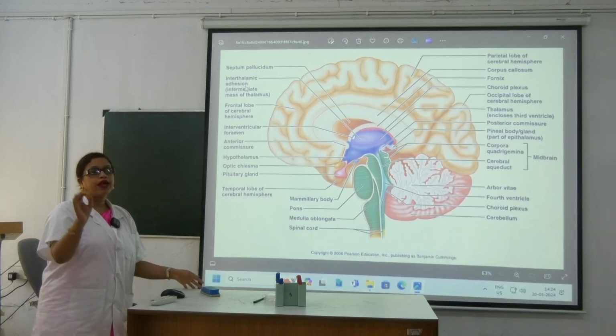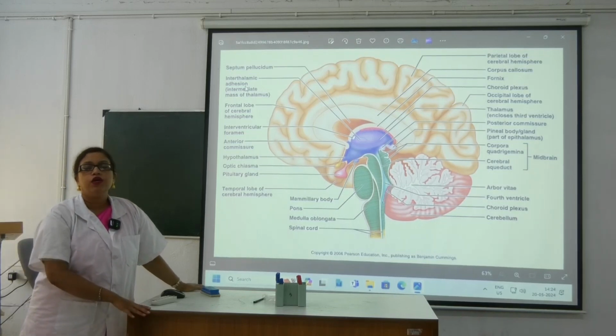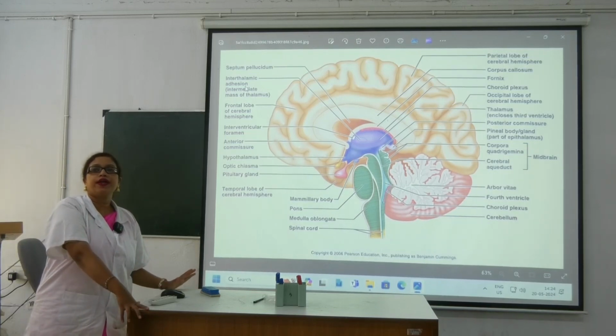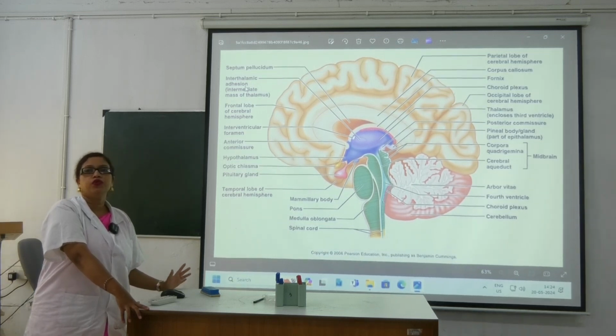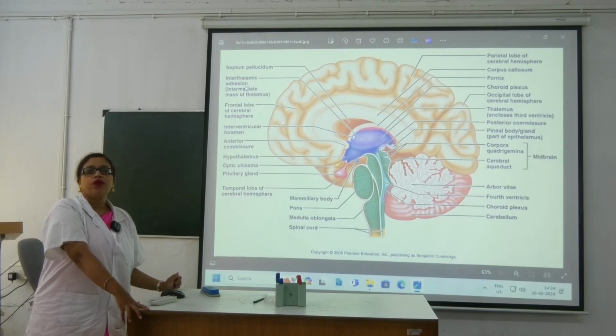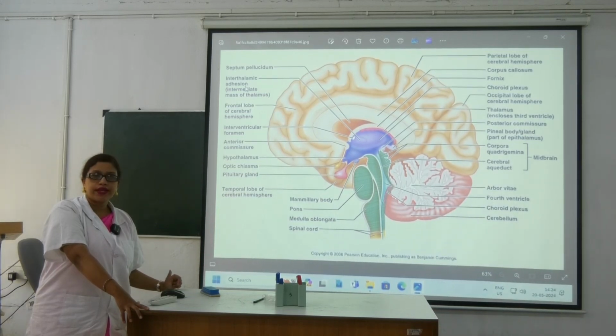Okay, so cerebral hemisphere, write it down, is divided into, already I have discussed in the previous class. So cerebral hemisphere is divided into outer gray matter, which is developed from telencephalon, or which is a derivative of telencephalon.